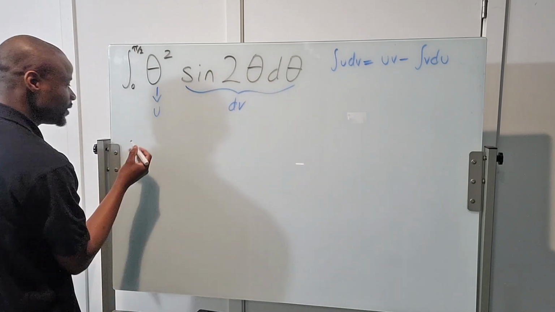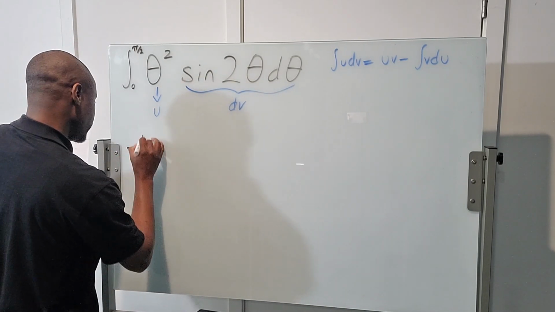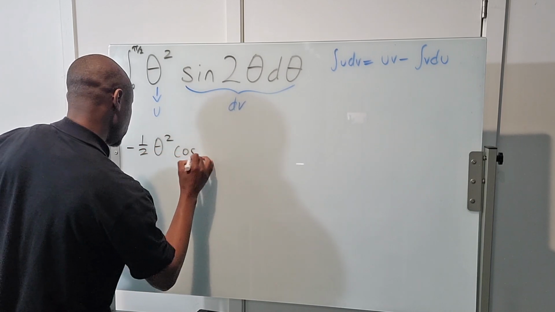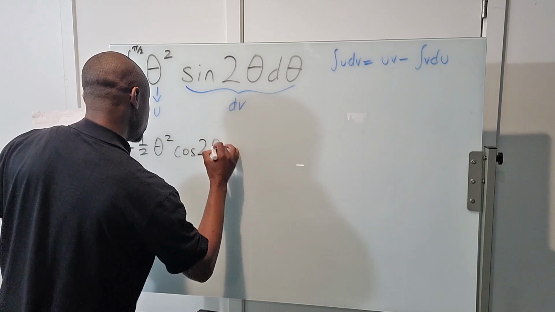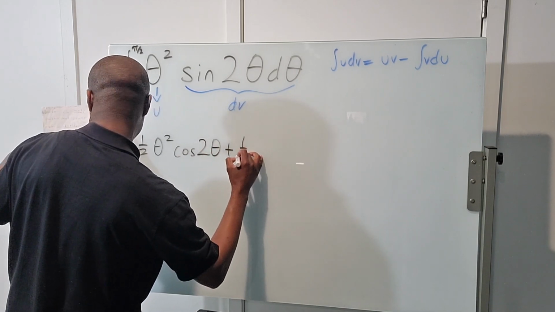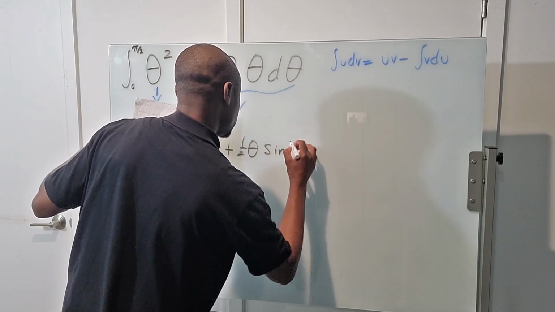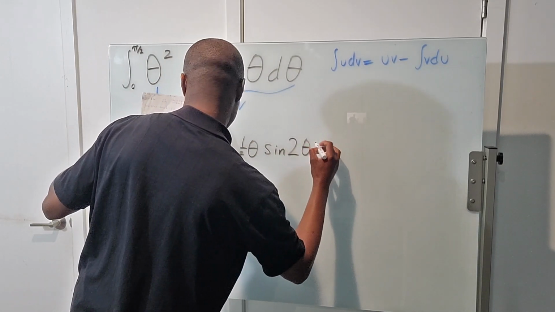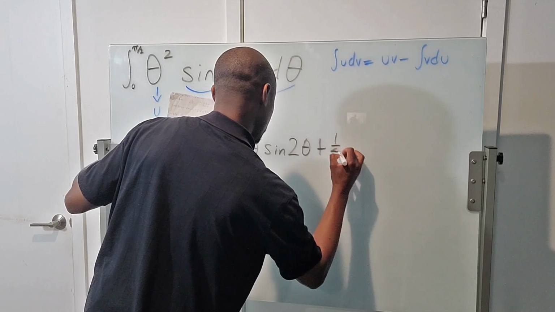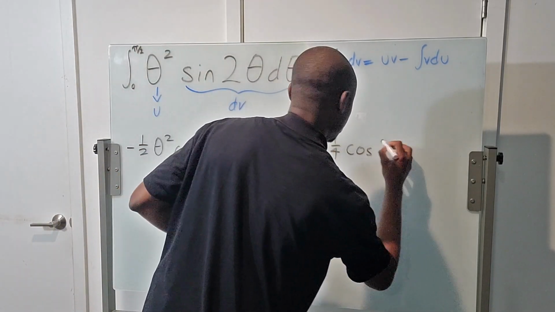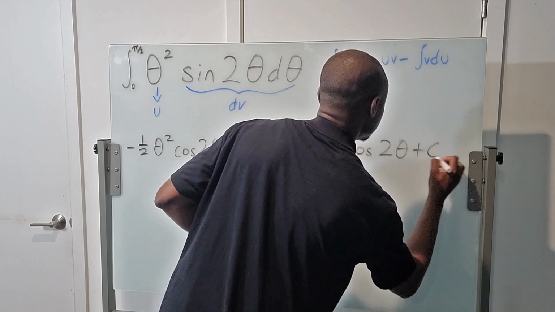Going with the arrows, that's going to leave us with negative 1/2 theta squared cosine 2 theta plus 1/2 theta sine 2 theta plus 1/4 cosine 2 theta plus c.